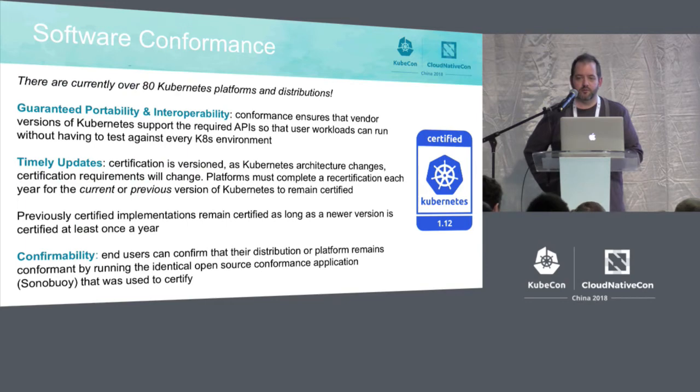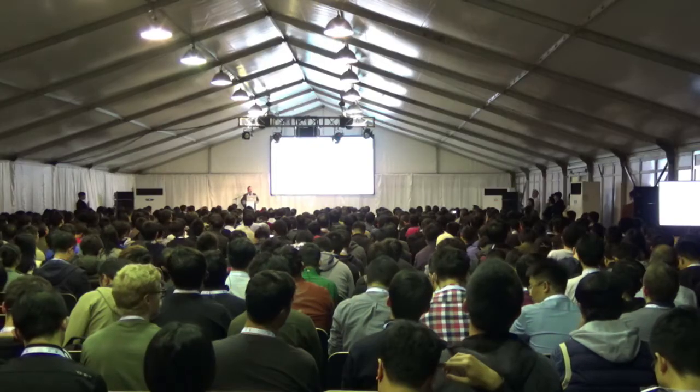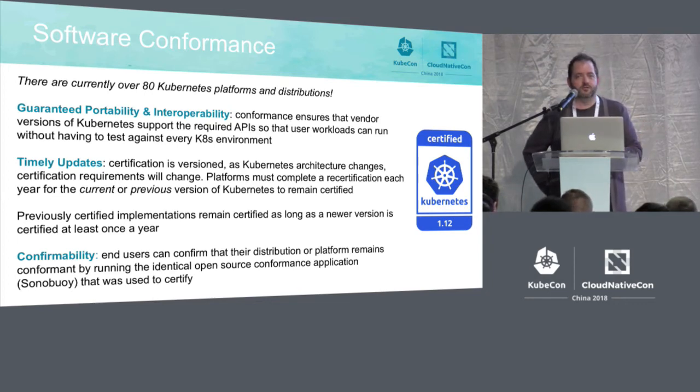In terms of software conformance, there are going to be tons of developers who've used Minikube in here. Anybody use Minikube, right? So when you deploy your application on Minikube, right, when you're writing it, you have an expectation of how it's going to act, right? So when you deploy it on someone's platform, it should act the same way, right?